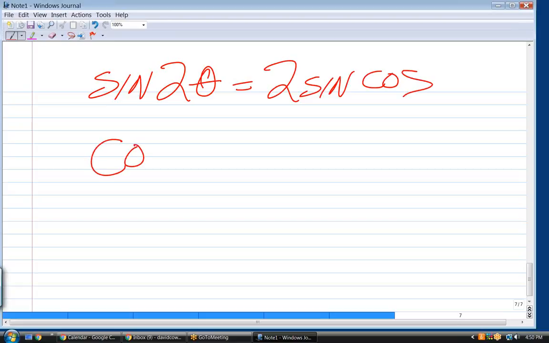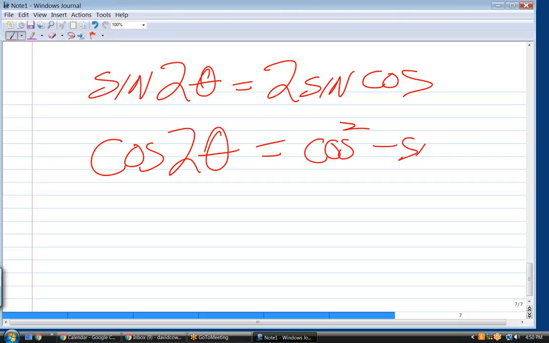And then this is the tough one because there's 3 of them. Notice that in all 3 of them, the trig functions are squared. So I kind of start out by cosine squared minus sine squared.